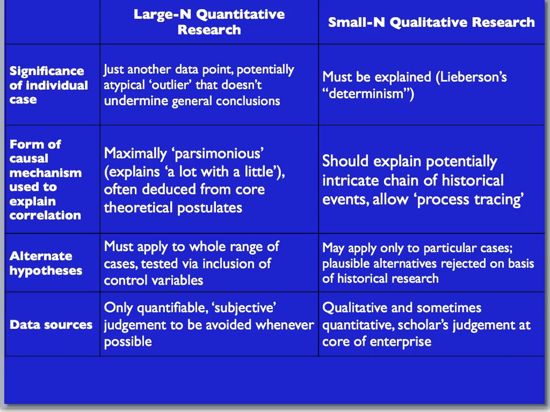In small n research, investigators often test alternative hypotheses that apply only to particular cases, and they use historical research to figure out whether there are plausible alternatives. So, for instance, one of the arguments Skocpol found herself in was an argument about the role of the working class in the Russian Revolution, which some people felt she ignored.